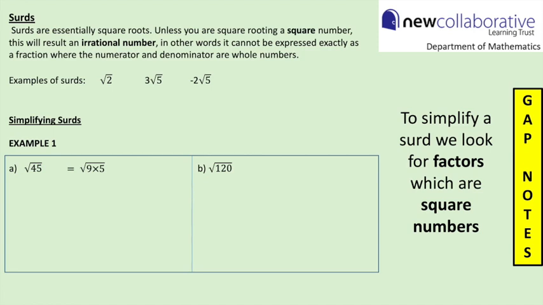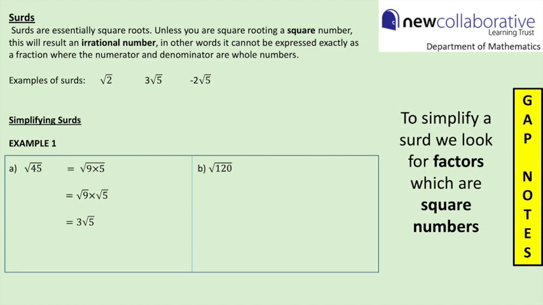And that can be written as the square root of 9 multiplied by the square root of 5. And since the square root of 9 is 3, we have 3 multiplied by the square root of 5, which we write 3 root 5.